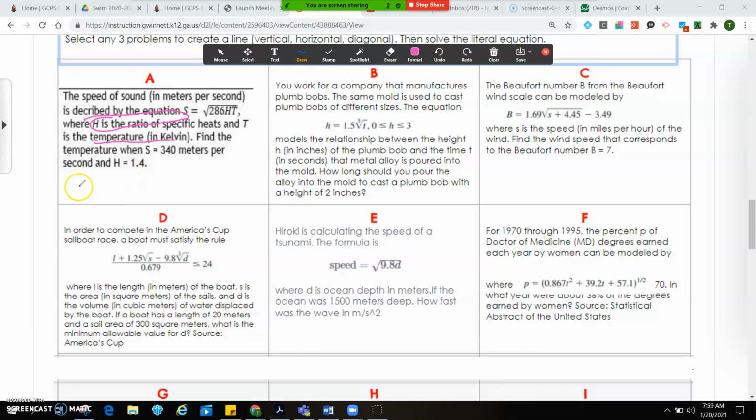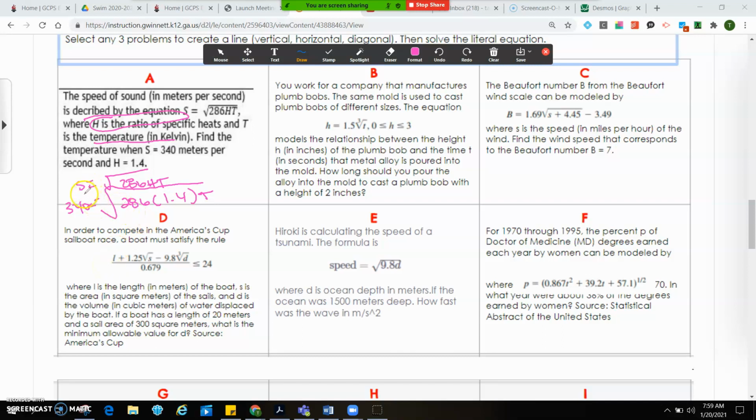Okay, so we're going to take the original function and we're going to plug in what we know. We know h is 1.4. We don't know T, and we know that S is 340. Okay, so now what we're going to do is solve.